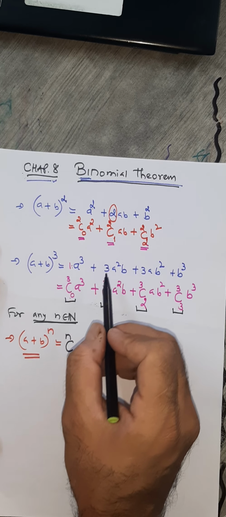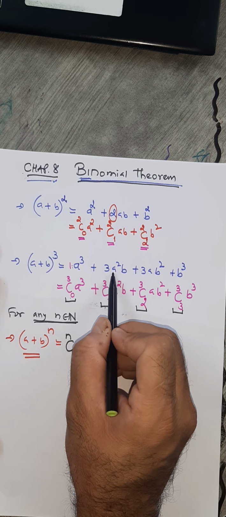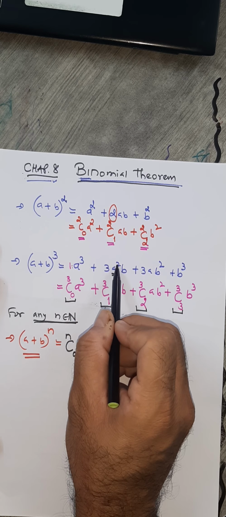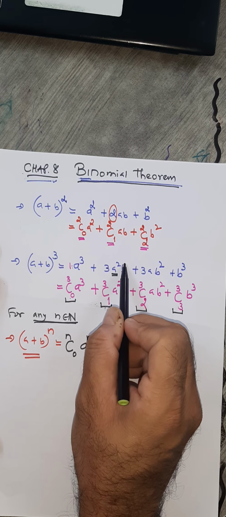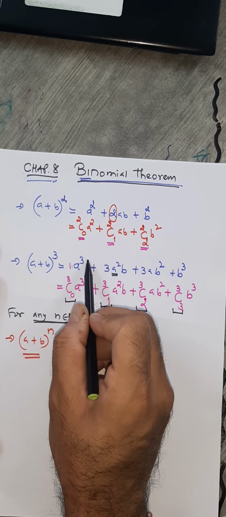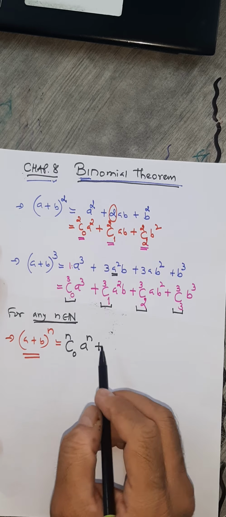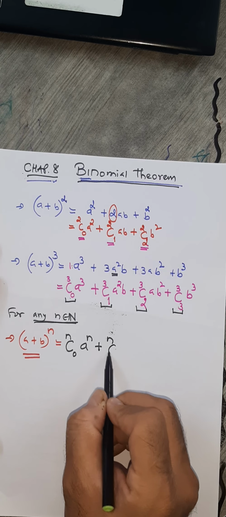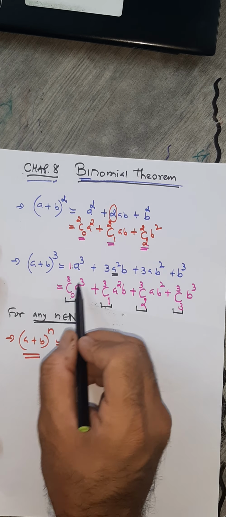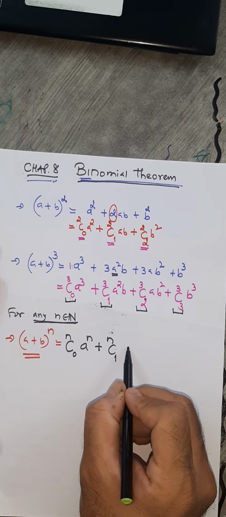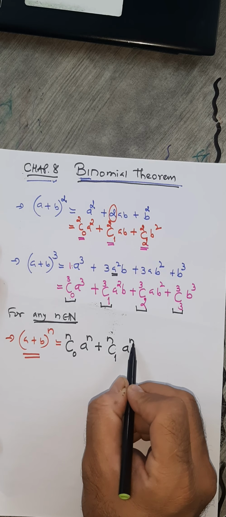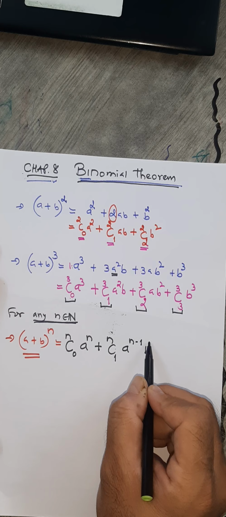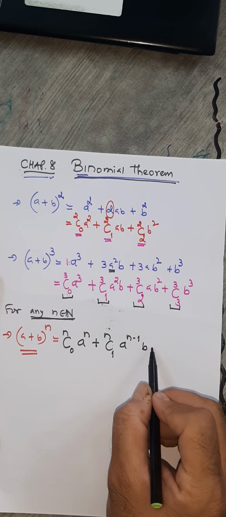Plus, then what happens if you observe the second term? You see the power of a is decreased by 1 and now the power of b is 1 here. The power of b was 0 here. b raised to 0, you can write. So nc1, now next 0 then 1, into a raised to n minus 1, you decrease the power of variable a by 1, into b raised to 1, that is just b.